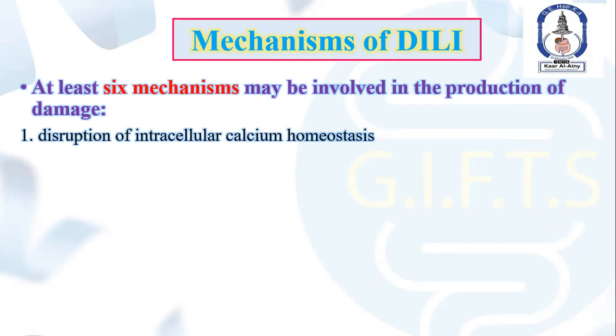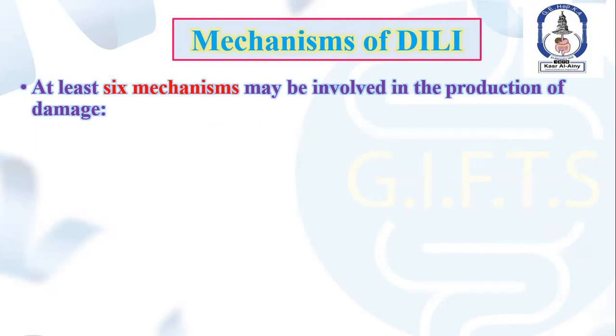The mechanism of DILI can be one of 6 mechanisms. The first is disruption of intracellular calcium homeostasis.